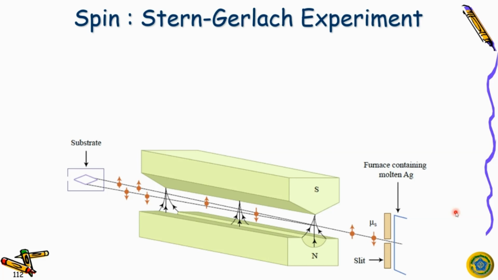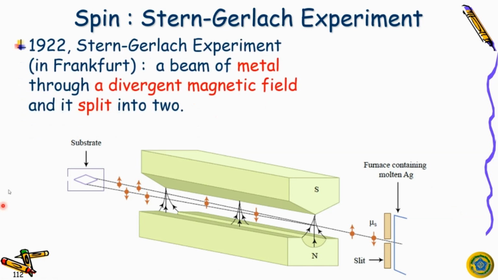The easier way to understand is the Stern-Gerlach experiment. In 1922, they had a metal, silver vapor, which is silver atoms, and it goes through a divergent magnetic field.